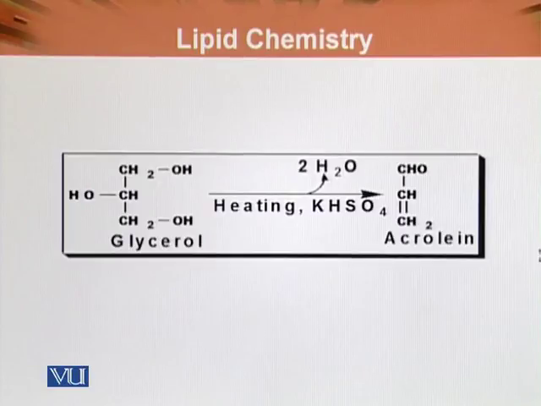We have already discussed the structure of glycerol: it has 3 hydroxyl groups, 3 carbon atoms and hydrogens. On heating with potassium bisulfate, it is dehydrated, water is removed, and acrolein is formed. This acrolein has a bad smell, a pungent type of smell, which shows that this compound contains glycerol rather than any other compound.